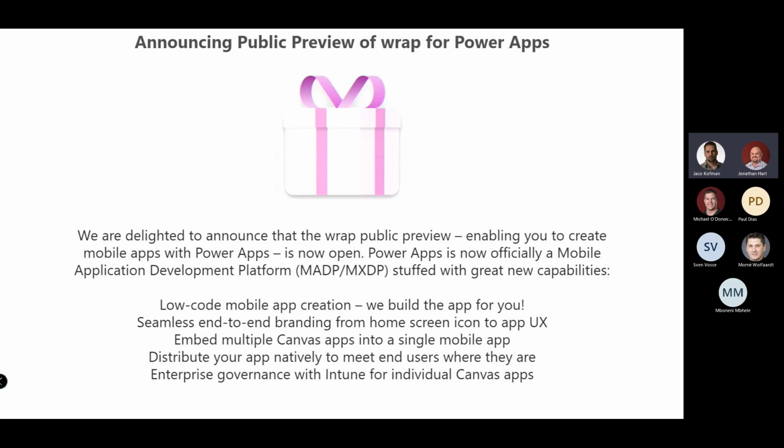You create the Canvas app, and then, like the portal one where you would have your portal pages and wrap them into this PWA, you publish an icon on your mobile, Android or iPhone, and from there you click the icon and it runs the app in the context of this PWA wrapper. So it's essentially the same thing.